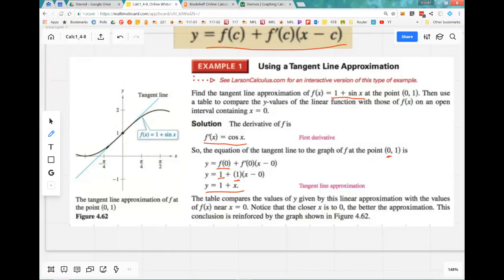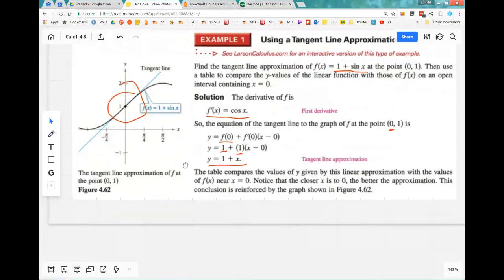And you can see that within this range, it's really close to the graph, and therefore should provide us with pretty good approximations. You're probably thinking, well, we know how to do derivatives. Why do we need an approximation? I would agree with that. But this approximation method is important for other things. Okay.